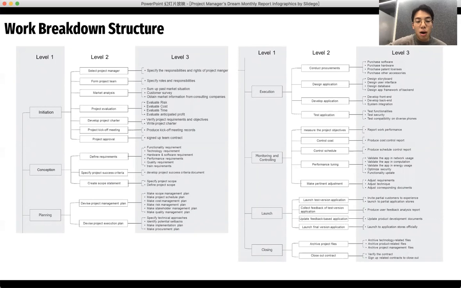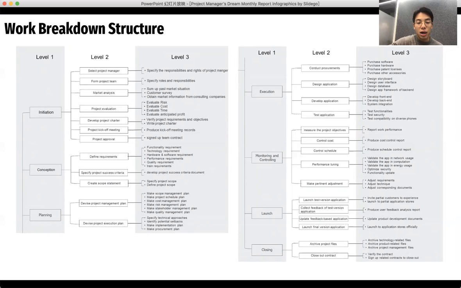The initiation part, as I introduced in the last slide, includes develop project charter, kickoff meeting, and project proposal. The conception part is a prolongation of the initiation part, such as create a scope statement, define requirements, and do the project proposal part. After the conception part comes the planning and execution.